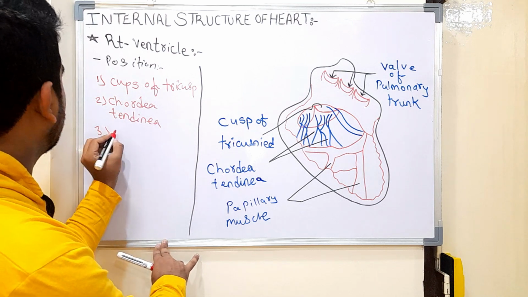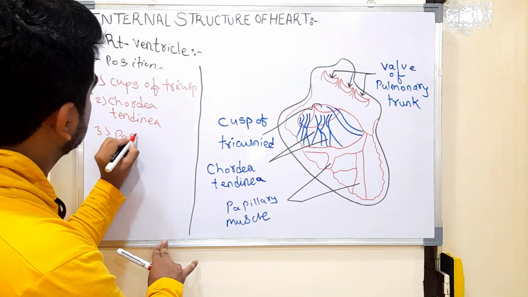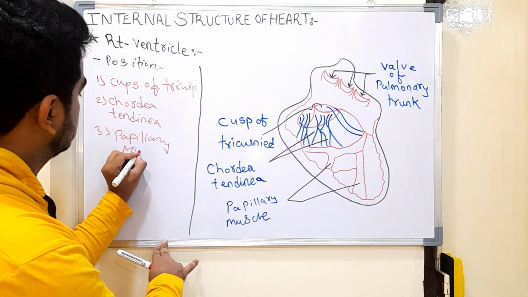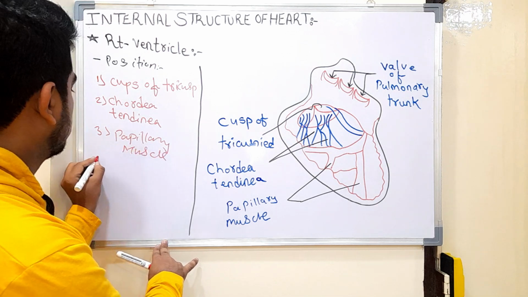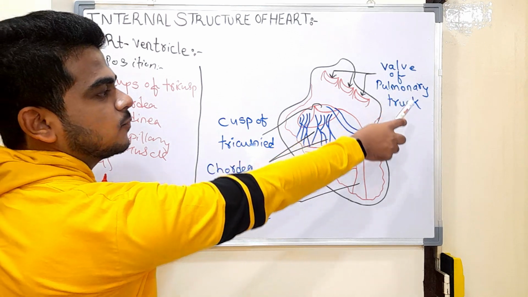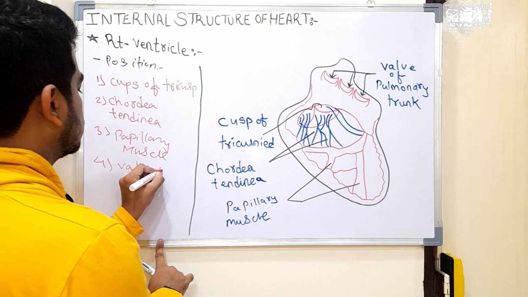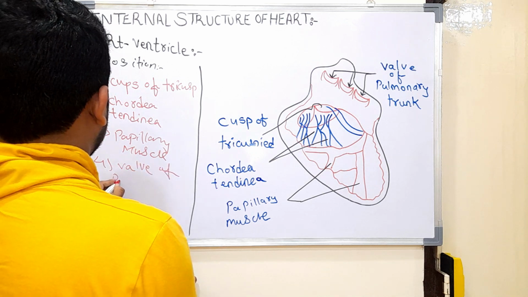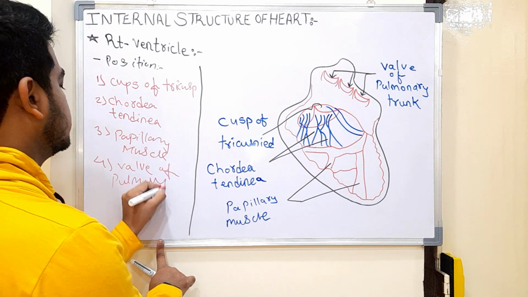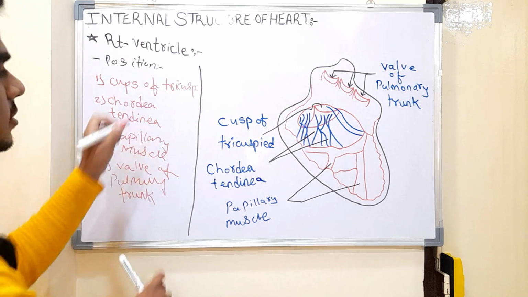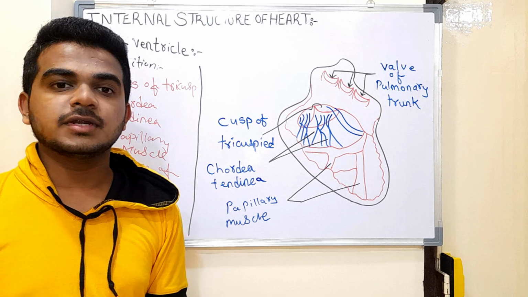Third one is papillary muscles. Fourth one is valve of pulmonary trunk. These 4 structures form the interior of the right ventricle.